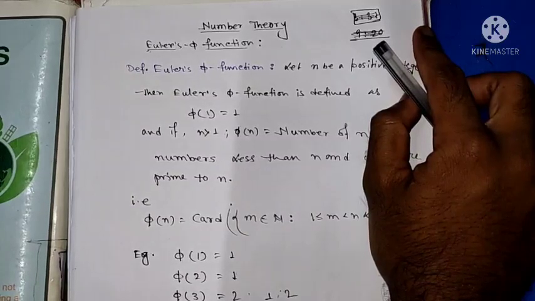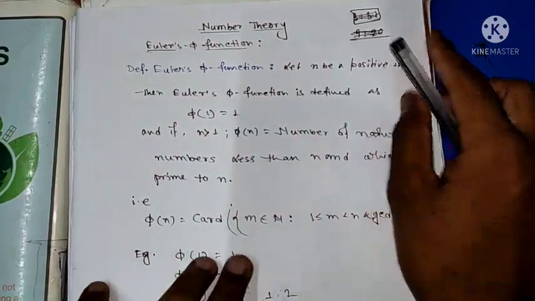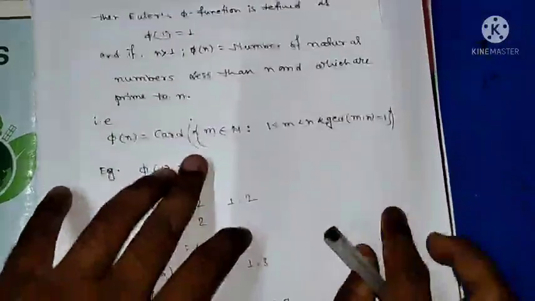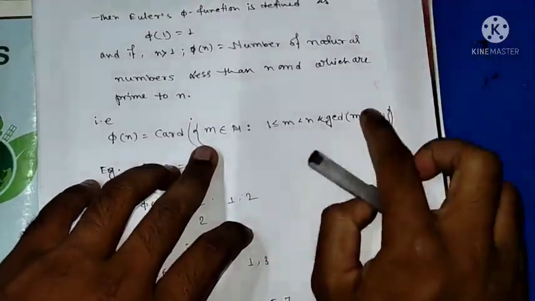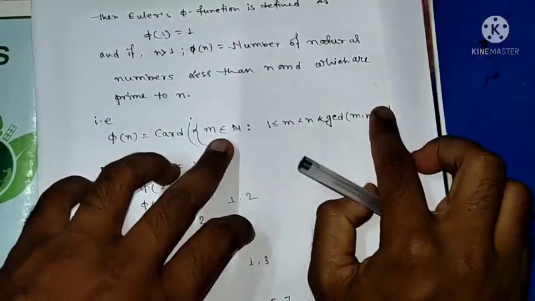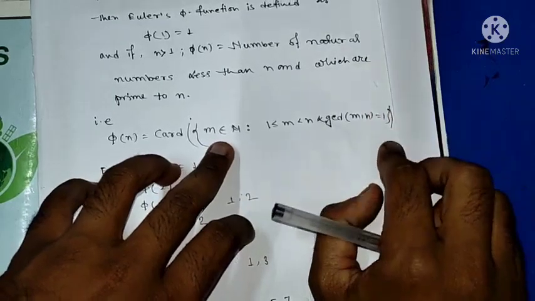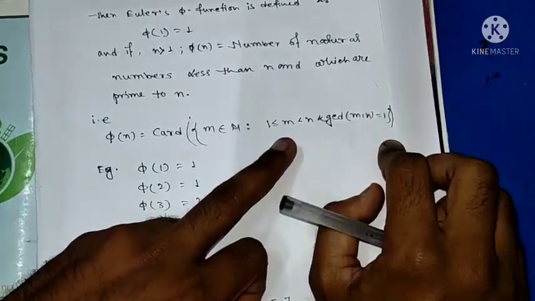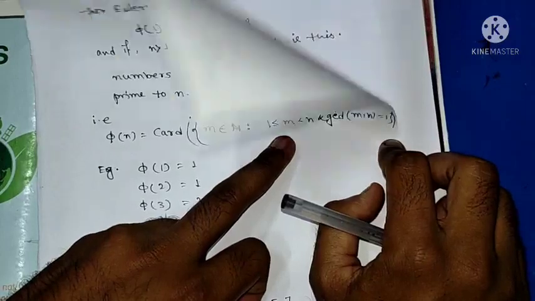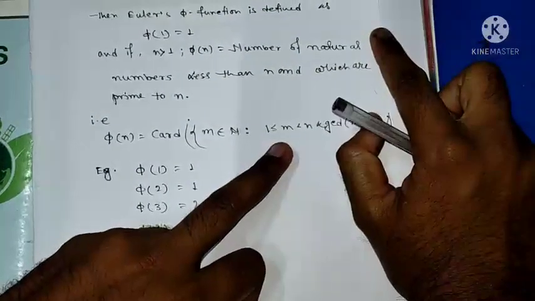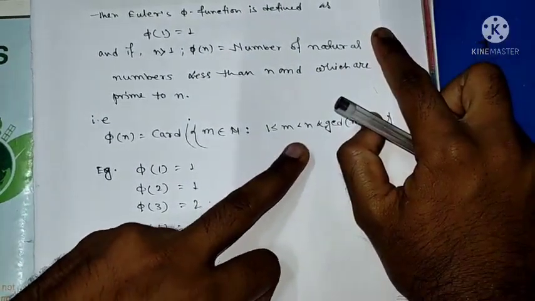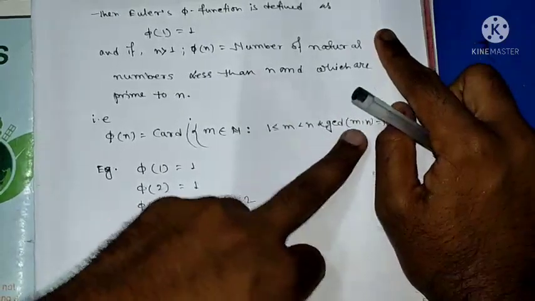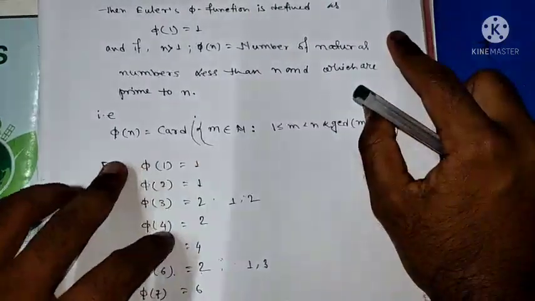The set is like that. Here the set is a collection of such natural numbers which are greater than or equal to 1 and less than n, and GCD of m, n is equal to 1.